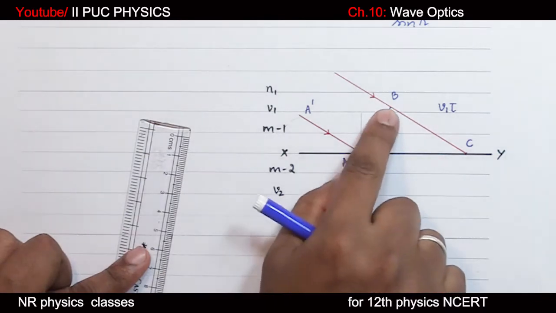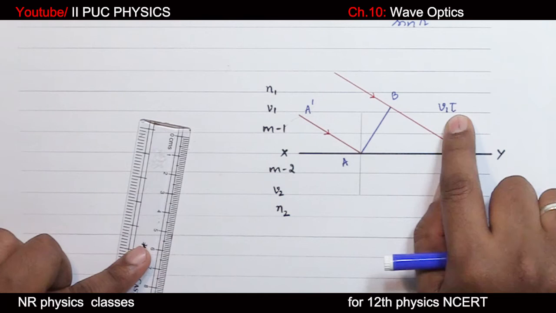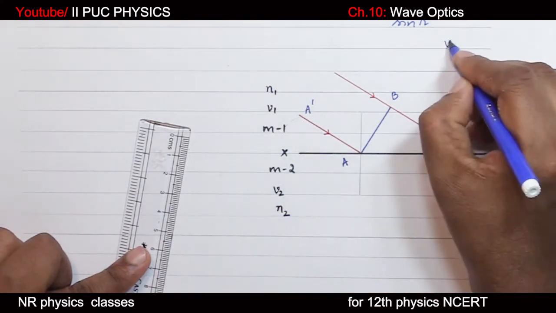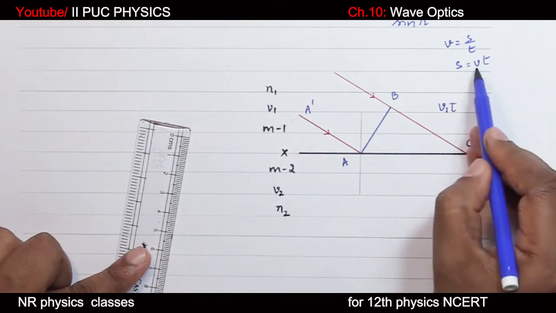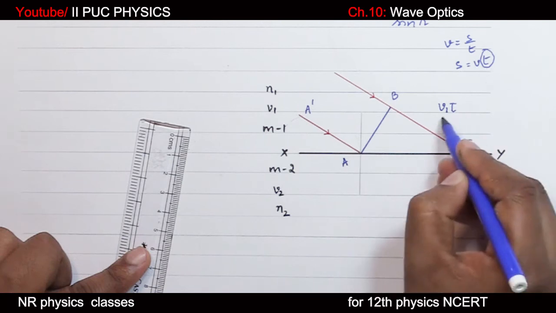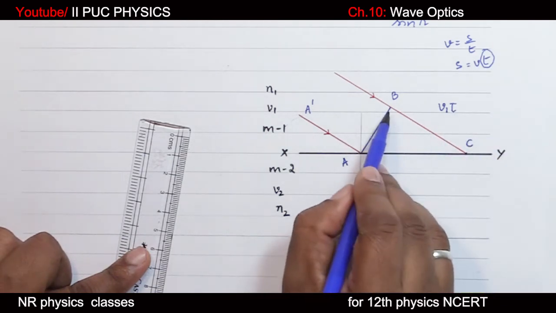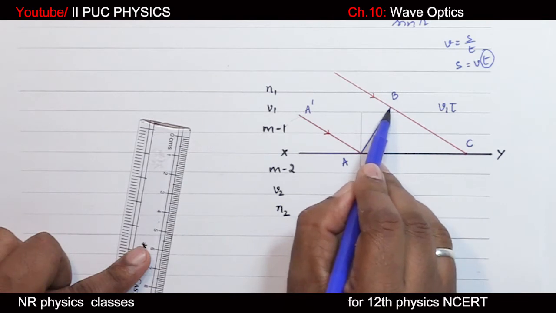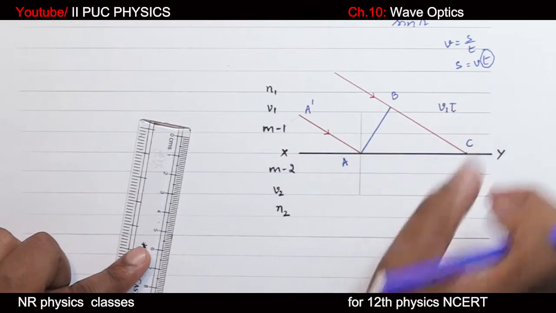Therefore, distance BC is speed into time. Speed equals distance by time, distance equals speed into time. This is V1. Instead of T, let me take tau. Some notation, don't worry about the notation. Tau is the time taken by light to travel from B to C. Therefore, BC length is V1 tau.